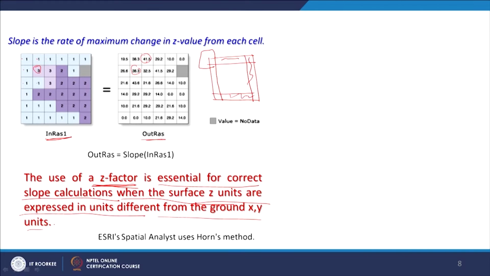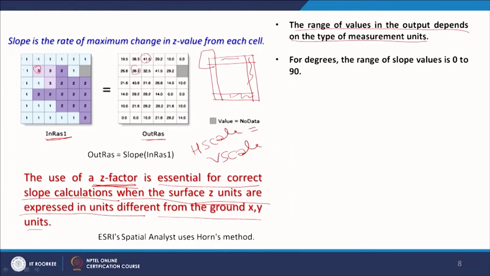That means the horizontal scale is not equal to the vertical scale in the case of a digital elevation model. It is possible only when I have a UTM projection, where easting, northing and everything is represented in meters for horizontal also. So my vertical scale, that is Z values, and XY values are all in meters, then I can choose the z factor as one in my software. Otherwise I have to provide a value. So basically we have to control and take care of this.